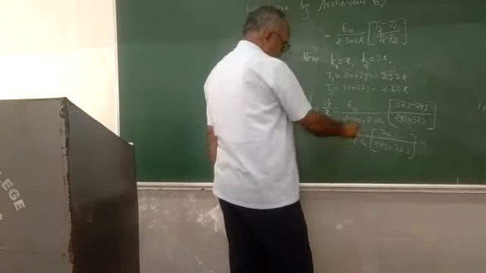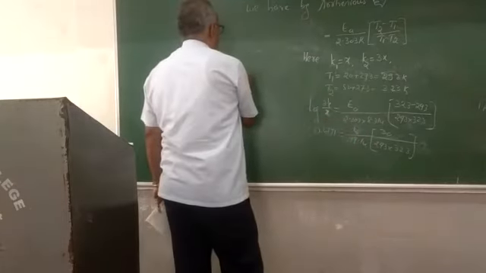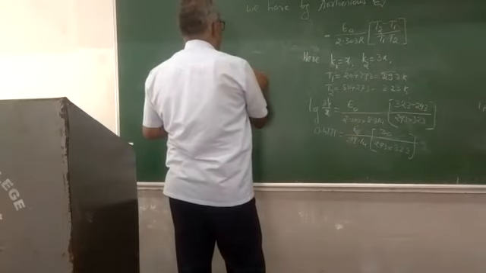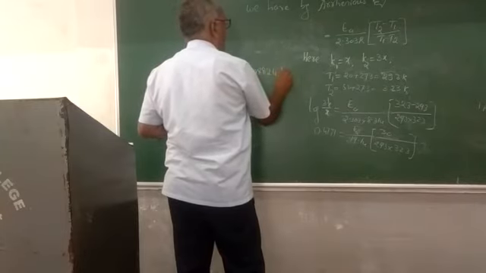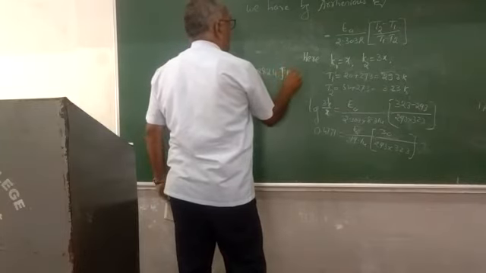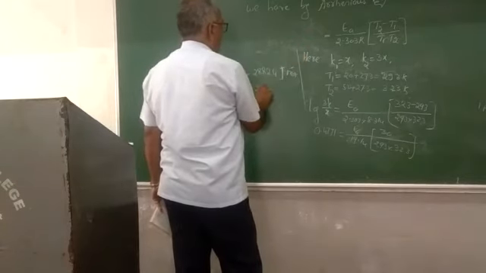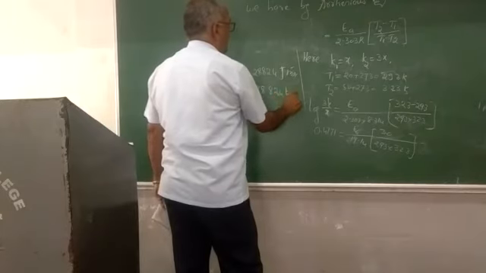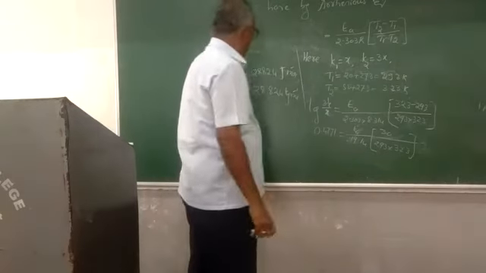So keep Ea as it is, bring the rest to one side. So simplify, get the value. Ea is equal to 28,824 joule per mole. In terms of kilojoule, it is 28.824 kilojoule per mole. Right?